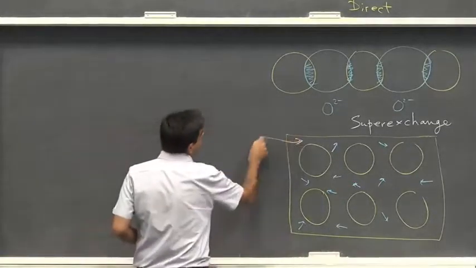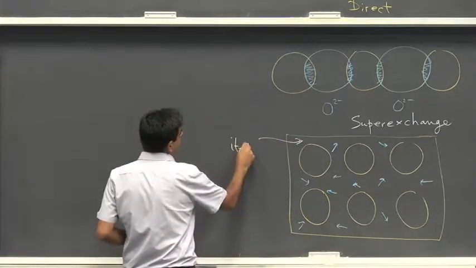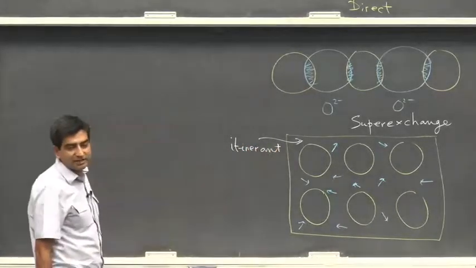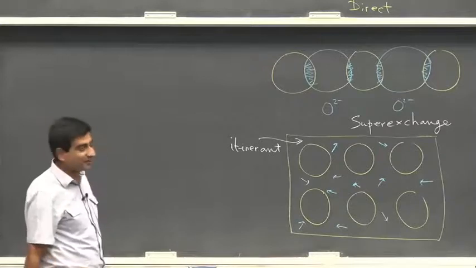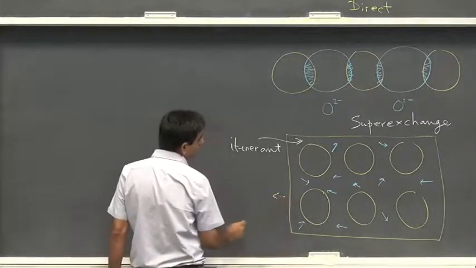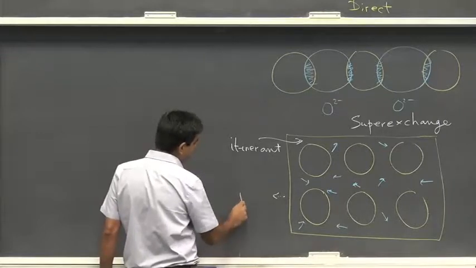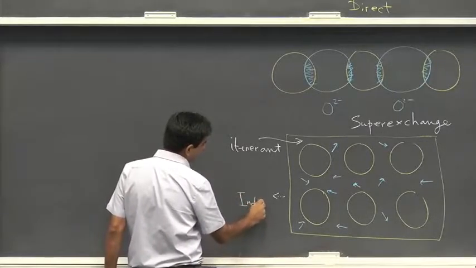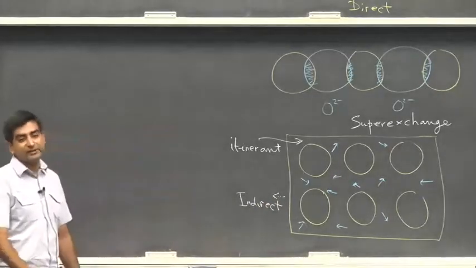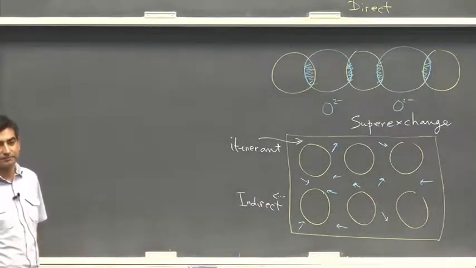These are itinerant spins. Itinerant from itinerary. So this kind of exchange interaction is called the indirect exchange. So there are different variants of the exchange interaction.